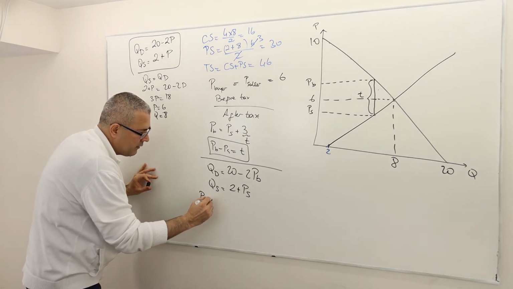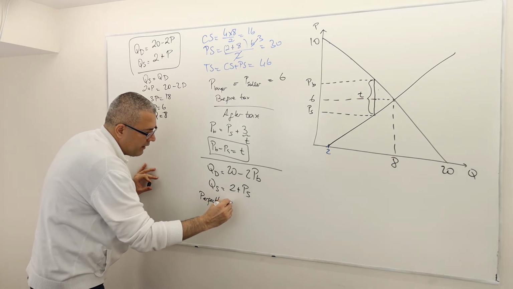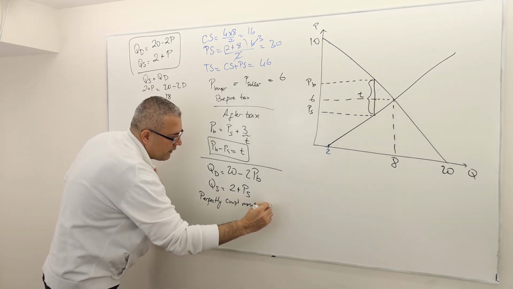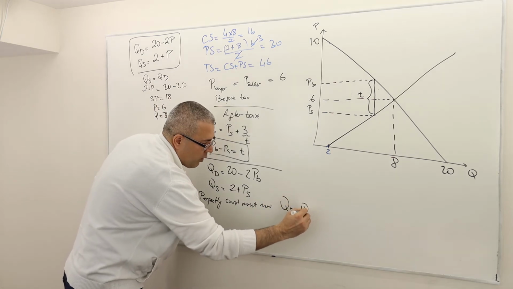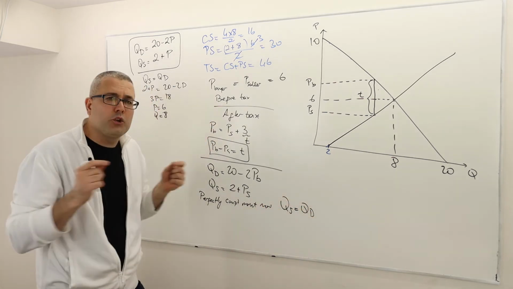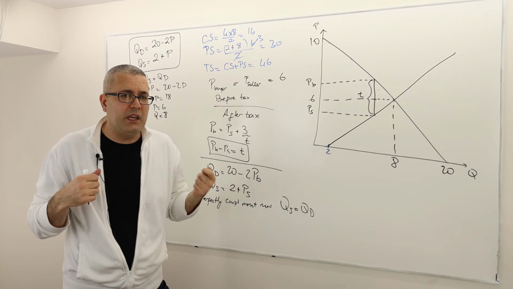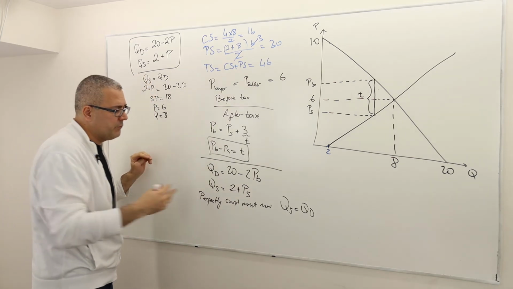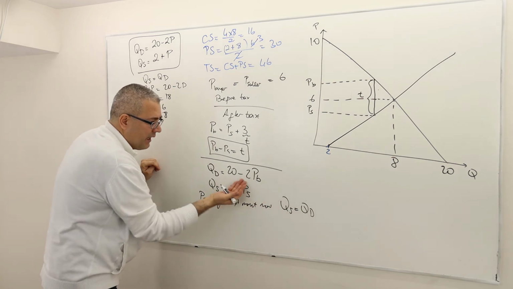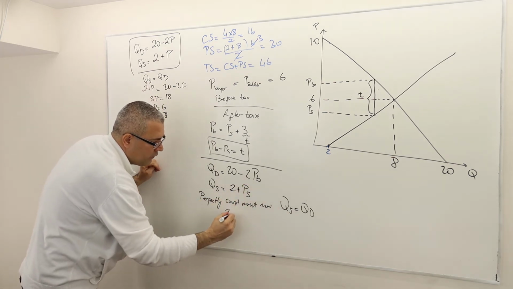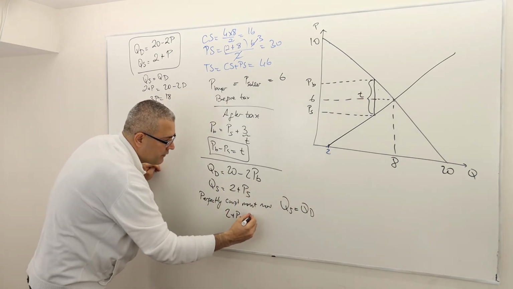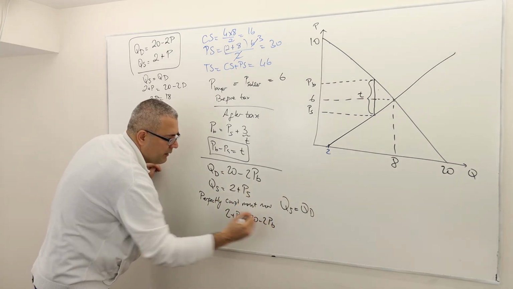Once we have this, we still have the same idea, right? A perfectly competitive market means quantity supplied equals quantity demanded, meaning there shouldn't be any shortage or any surplus. So quantity supplied, 2 plus PS, must be equal to quantity demanded, which is 20 minus 2 PB.